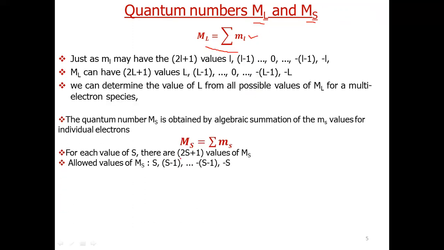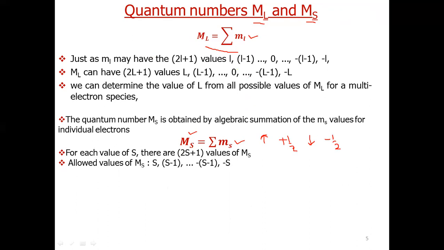Similarly, MS is calculated from summation of small ms for individual electrons. Now, an arrow with upward spin has ms plus half, and an arrow with downward spin has ms equal to minus half.